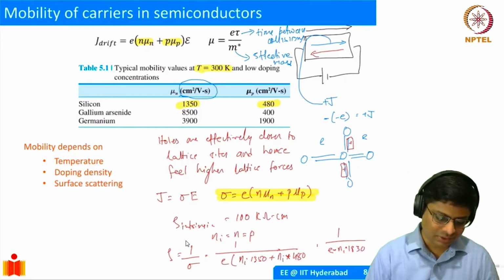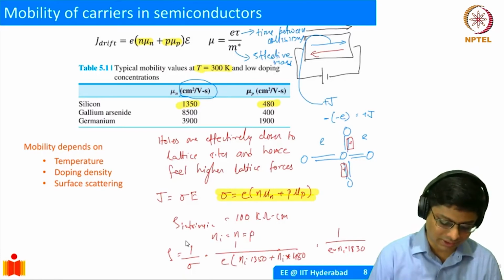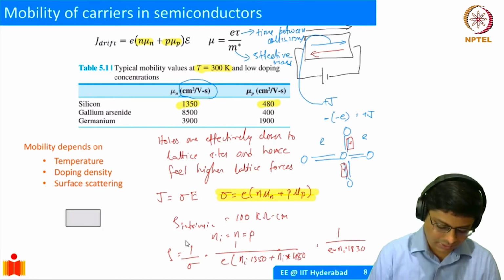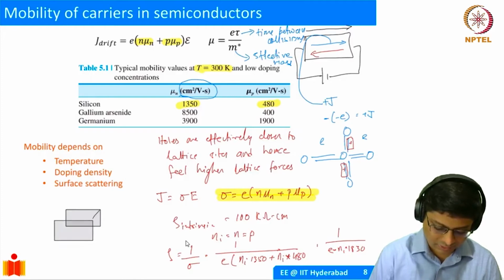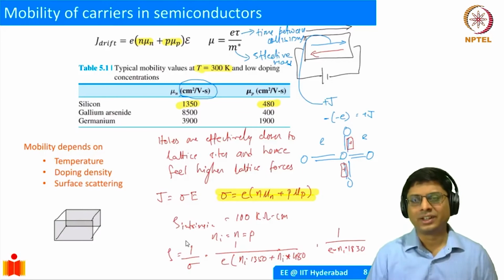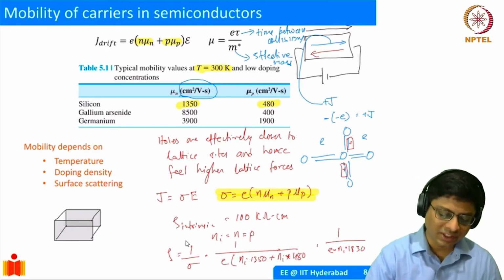And the last thing is that mobility also depends on the surface. For example, let's say I take a small rectangular bar of semiconductor. What happens to its mobility? The mobility in the bulk of the semiconductor is going to be different from the mobility on the surface.